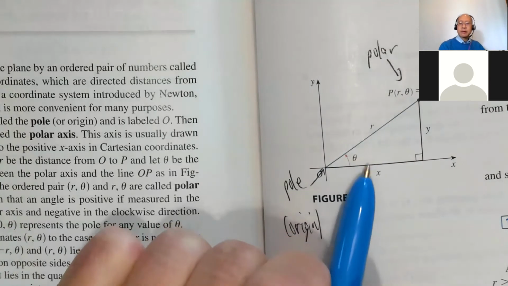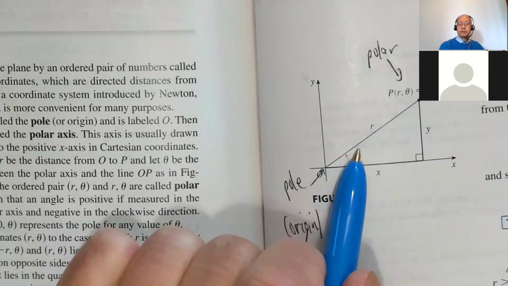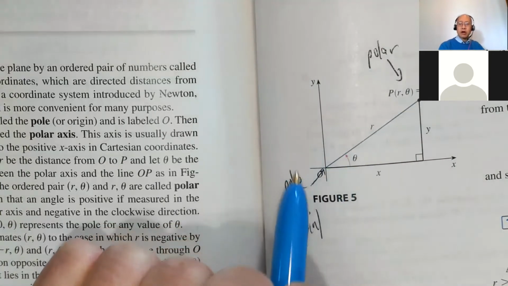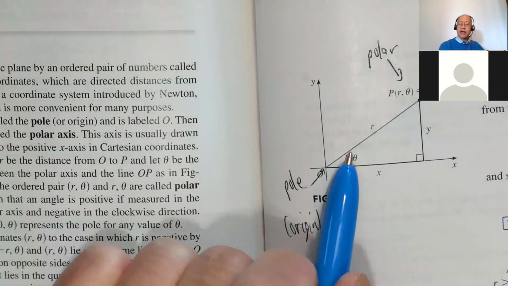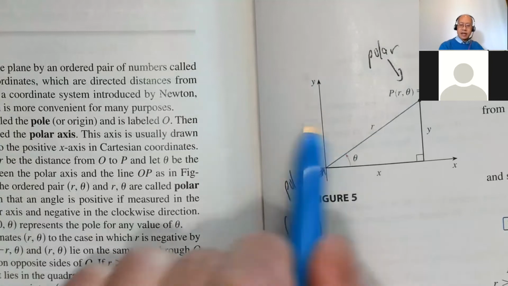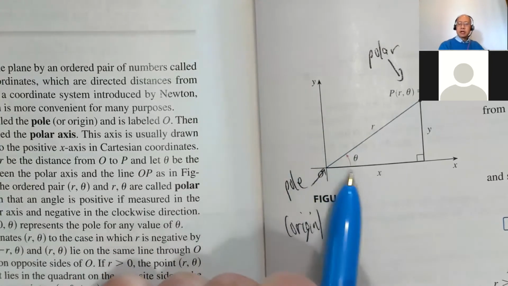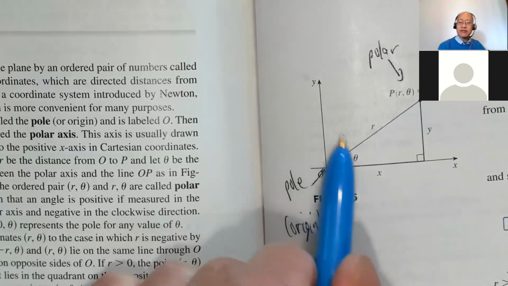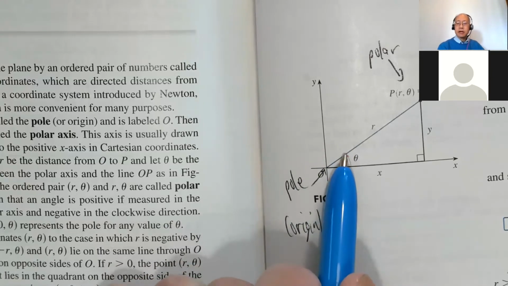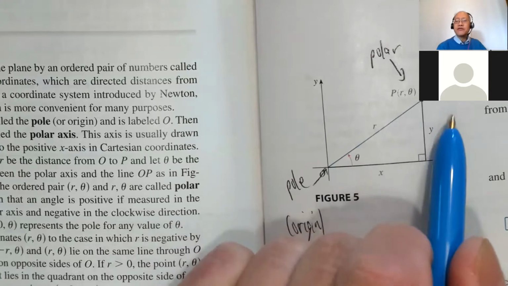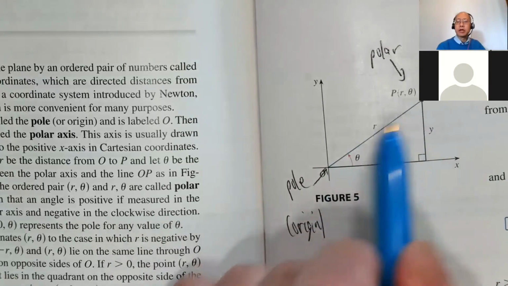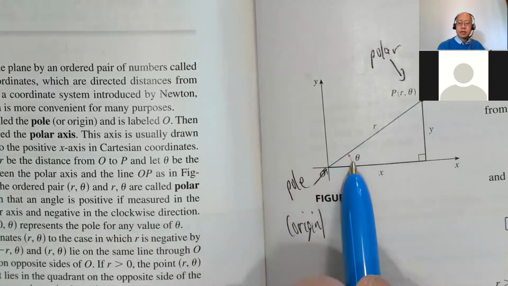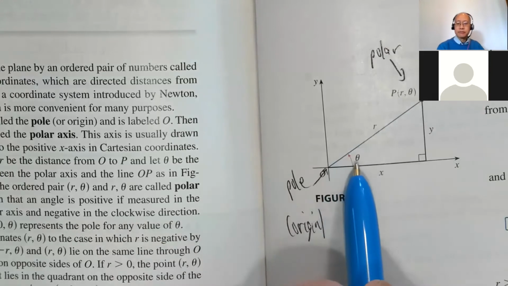Here's theta. Let's pretend this is 30 degrees. Well, I could also go all the way around a circle and say 390 degrees. Or I can keep going again and again, or I can go negative also. So instead of, let's say, pi over 6, I could say negative 11 pi over 6. So you actually have infinitely many ways in polar coordinates to label a point if you're willing to just change the angle.